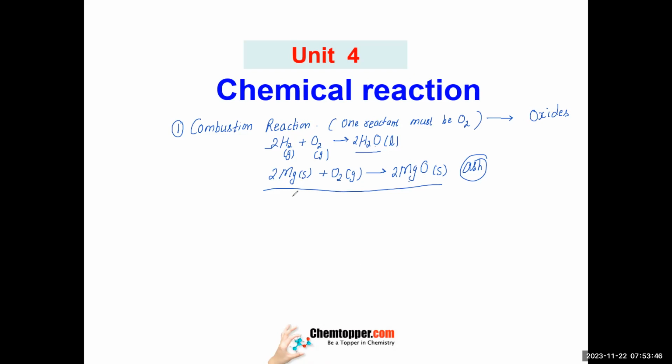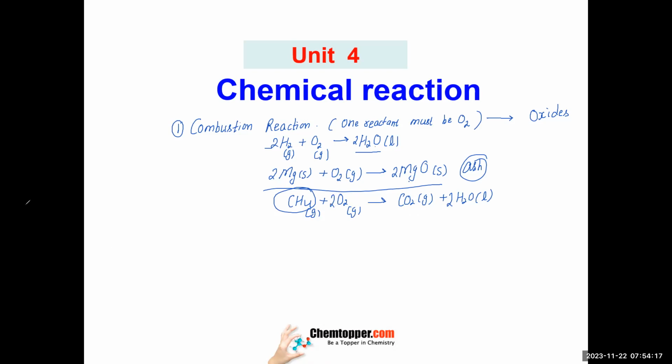I'm giving you one more reaction. CH4 plus O2. This is a gas. This is a gas. You are getting CO2 gas and H2O liquid. How will I come to know that I'm getting CO2 and H2O, nothing else? Because whatever elements are present here, okay, I have to balance the equation. Yeah, now it is balanced.